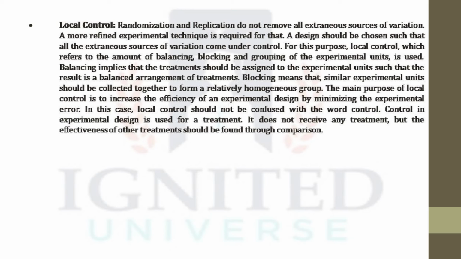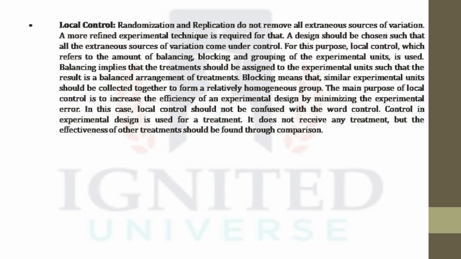So, when we are grouping the participants in terms of the divisions, then we are controlling more extraneous sources of variation. Balancing implies that the treatment should be assigned to the experimental units such that the result is a balanced arrangement of treatments.